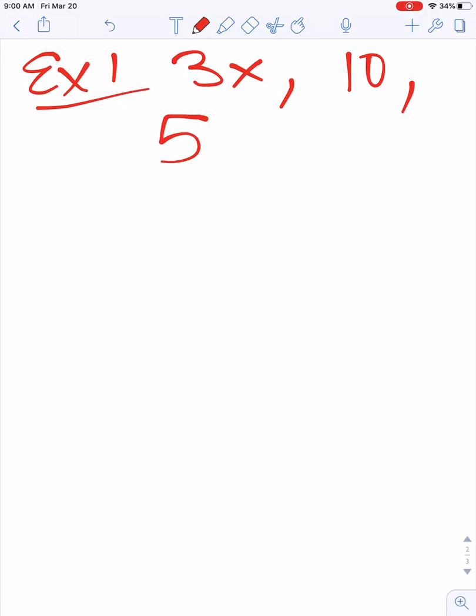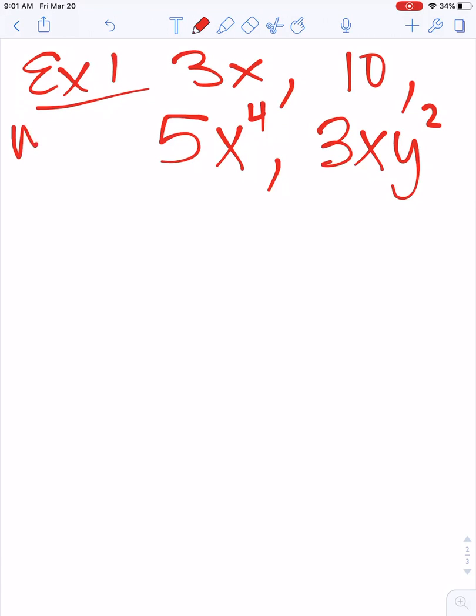It could be a number with a variable to a high power, like 5x to the 4th. Or even something with multiple variables in it, like 3 times x times y squared. That's still considered a monomial because those are all one term. That's all multiplication going on, all right? So those were monomials.